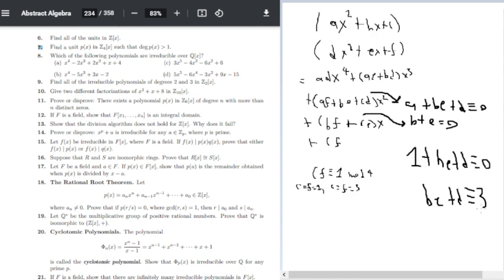So if B plus E is equal to 0, then could we have D is equal to 3, B is equal to E is equal to 2?